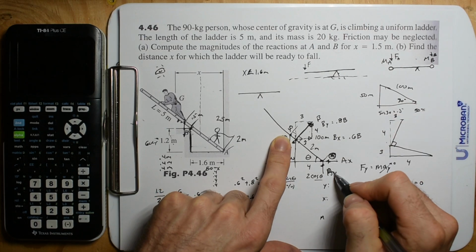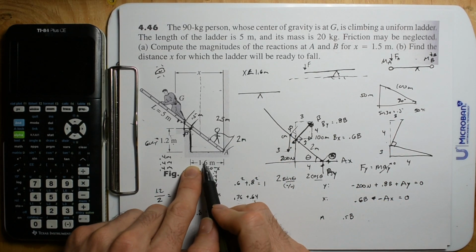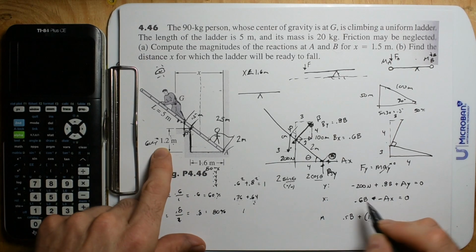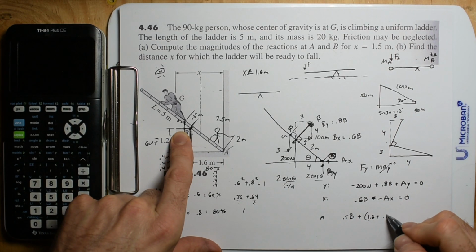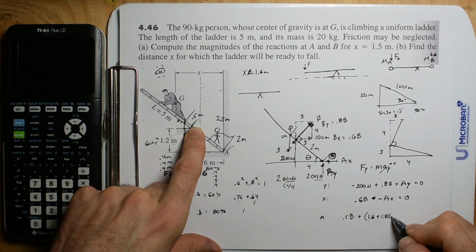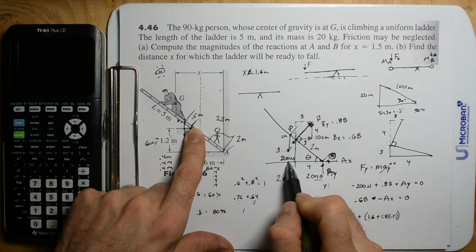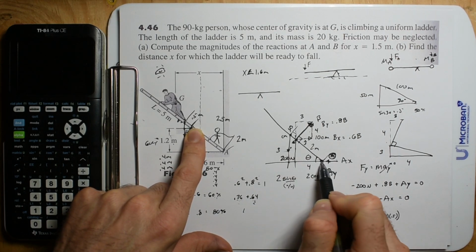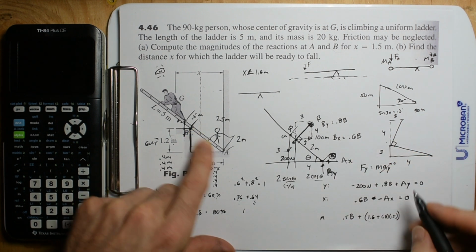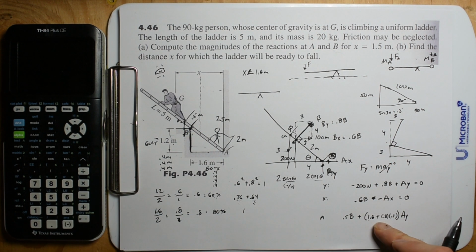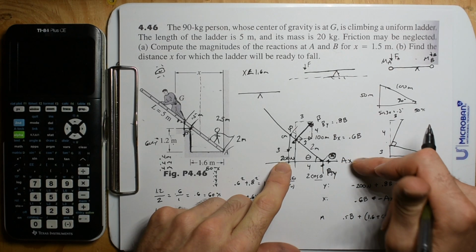So we're going to sum AY, and that's going to be a distance of 1.6. But then we have to add 80% of 0.5, so 0.8 times 0.5. That's the total distance from there to here. And then we have AY, force times distance. Then we do it with AX.